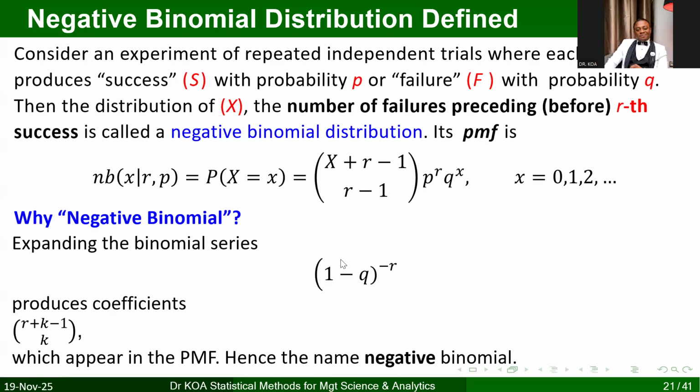Remember, 1 minus q is actually p. So it's like 1 minus q raised to the power negative r. You are expanding this, which will produce the following coefficient, r plus k minus 1 choose k, and this appears in the probability mass function. And that is why the name is negative.